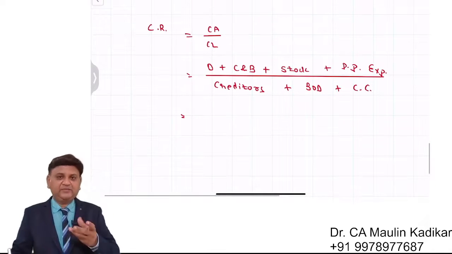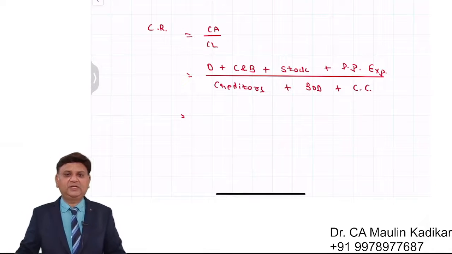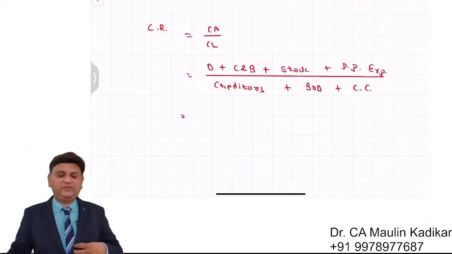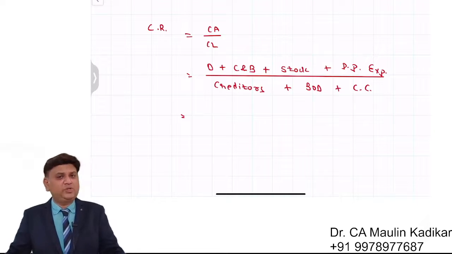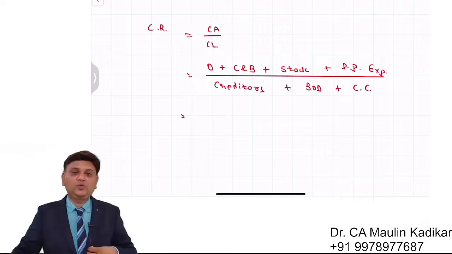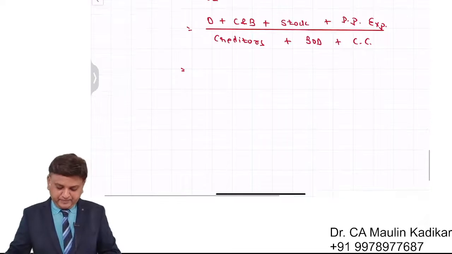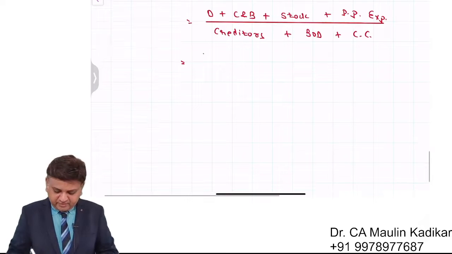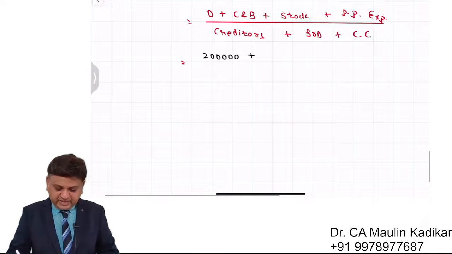Dear students, a kind of definition of the current assets is that portion of the assets of the company which will be converted into cash within 1 year. And current liabilities means those liabilities which are required to be paid within 1 year. So amount of the debtors is an amount of 2 lakhs. Cash in bank is again 2 lakhs.